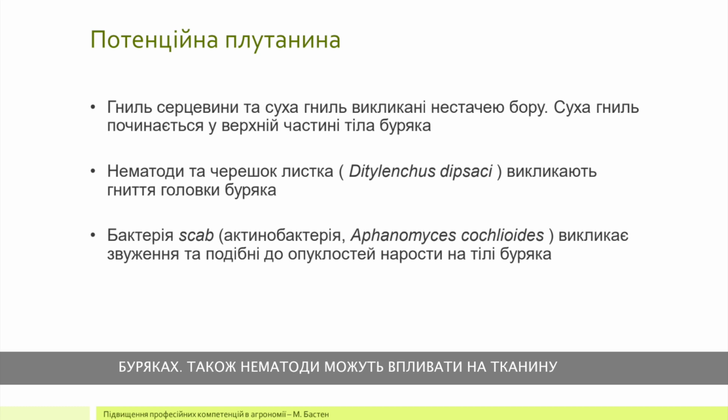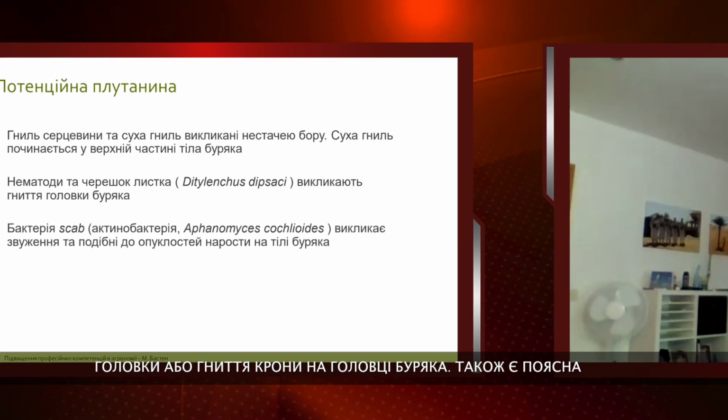Also, a nematode can affect the leaf tissue, Ditylenchus dipsaci. It's a nematode living on the soil surface and can affect the leaves. It can also cause some head rot or crown rot on the beet head. And then there's another, a scab, Aphanomyces cochlioides, which also causes bulk-like growth on the beet body.